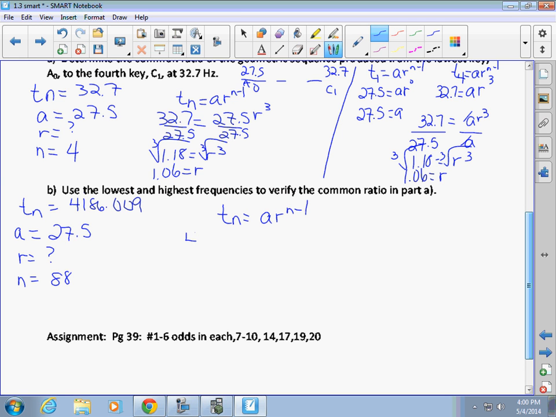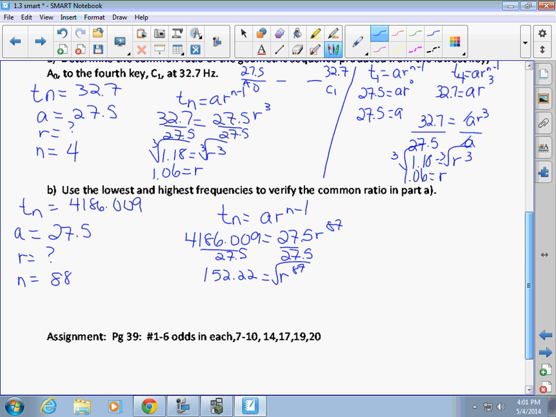So I have 4186.009 is equal to 27.5 r to the power of 88 minus 1, so 87. Divide by 27.5. I have 152.22 is equal to r to the 87.